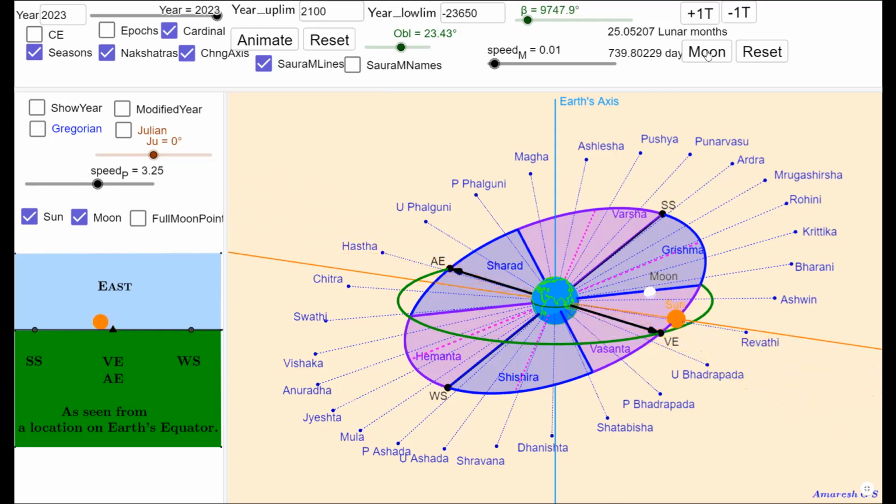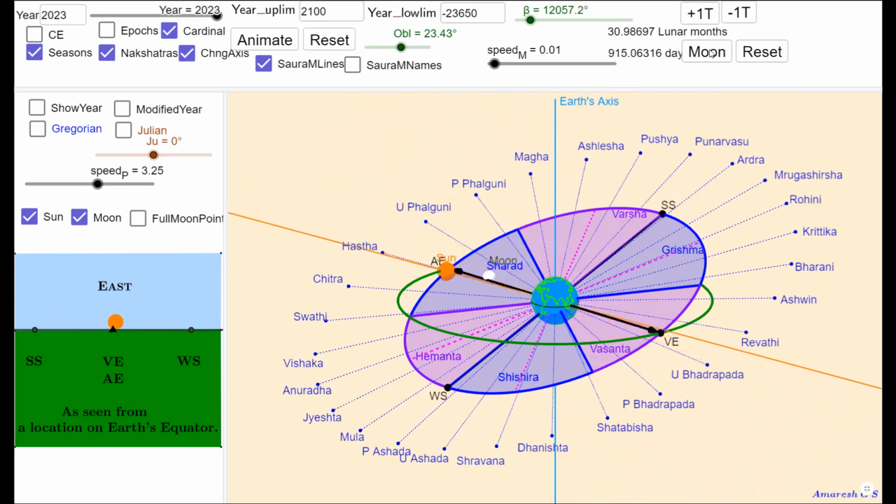Next one, we have to call it Vaishak, remember, because we are only using 12 months. Next is Jeshta. Next is Ashad. Next is Shravan. Next is Bhadrapad. Next is Ashwin.